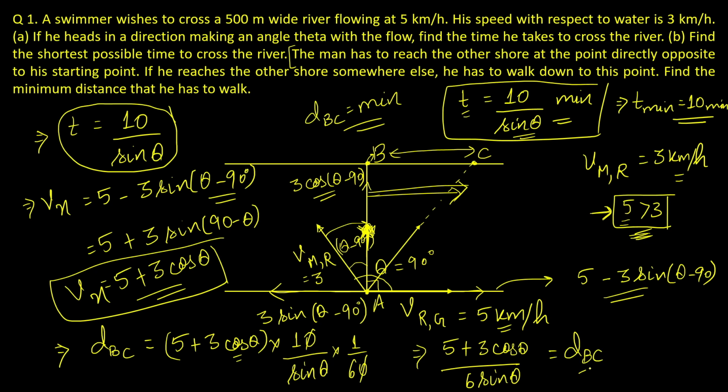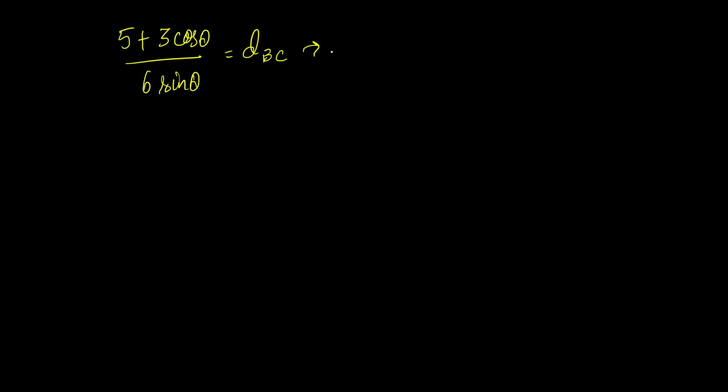But we need to minimize this distance BC. So again, we need to take the help of calculus. So let us move further ahead. Okay, so this must be minimum. For that, d BC by d theta must be equated to 0.